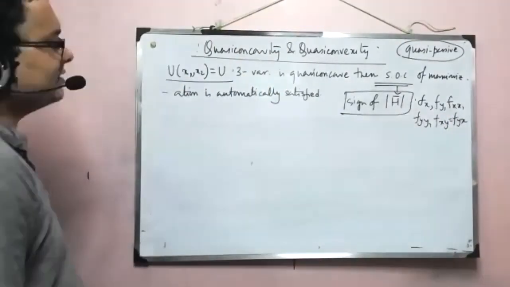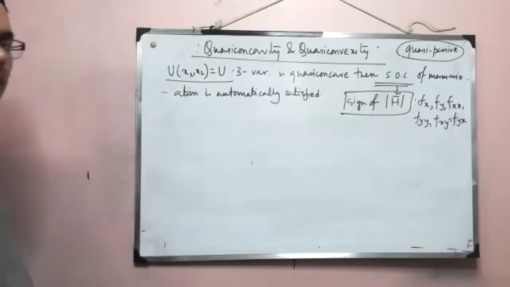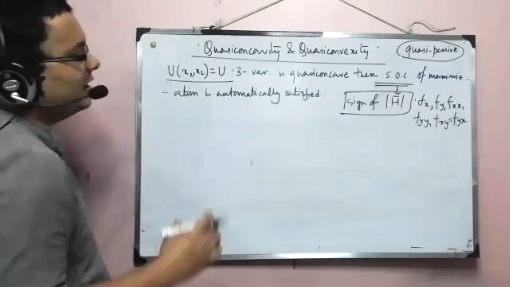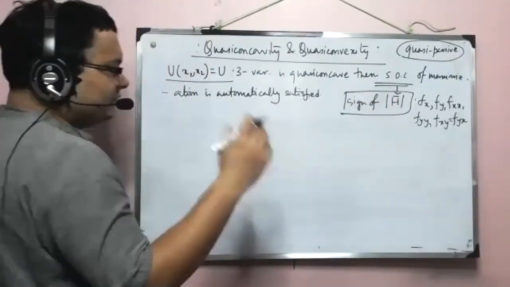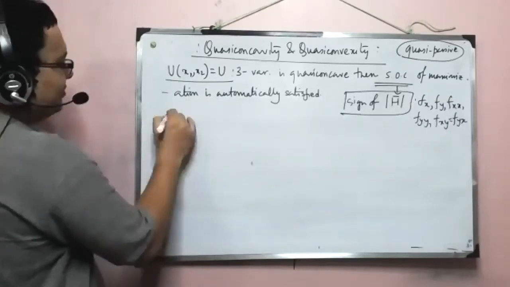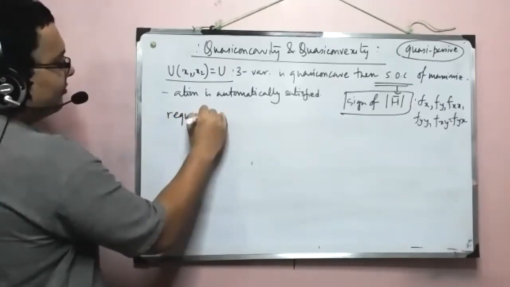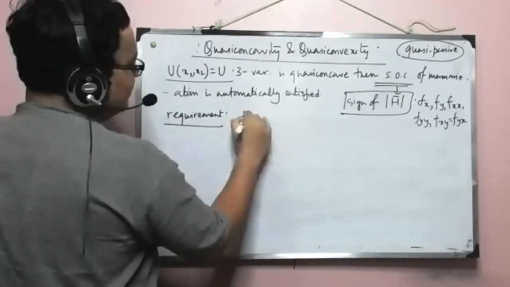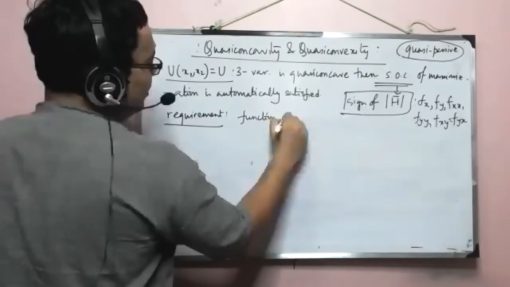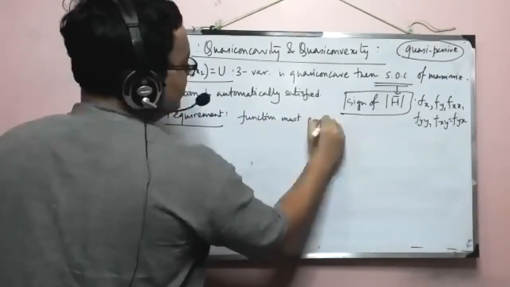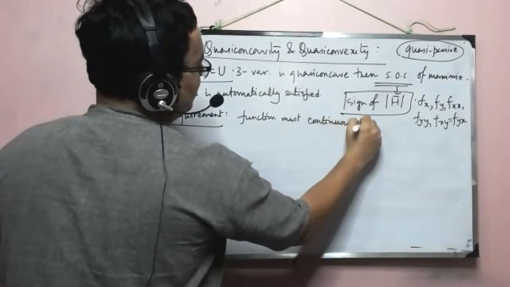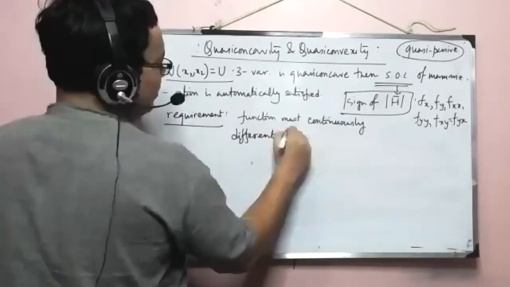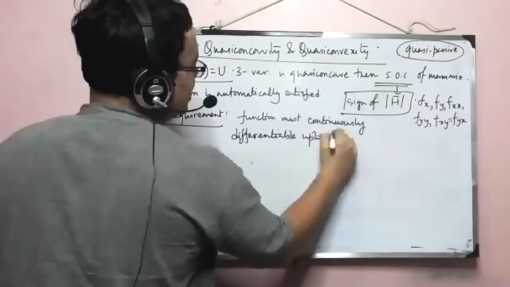Now that tells us that if I am going to ascertain the quasi-concavity of some function using this bordered Hessian, which we will do at a later stage, then there is one requirement: the function must be continuously differentiable up to the second order.